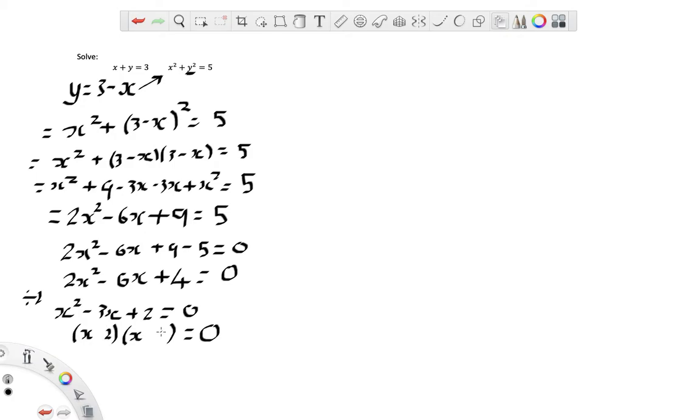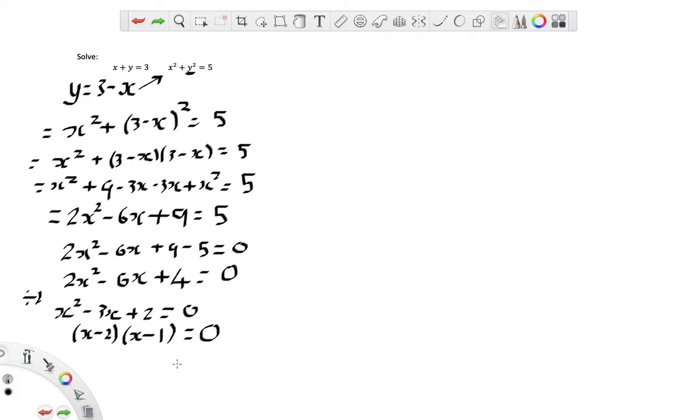And how could I get minus 3x? Well, if I take 2 away and take 1 away, when I expand this, I'll get minus 2x for that, and then for this, I'll get minus x. Minus 2x minus x, well, that's minus 3x. And minus 2 times minus 1, well, that's positive 2. So I'm quite happy that that's factorised.